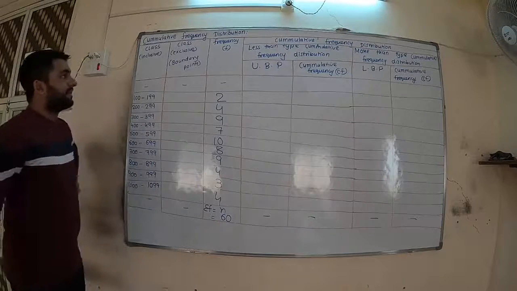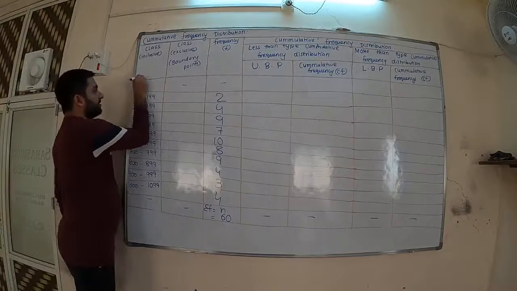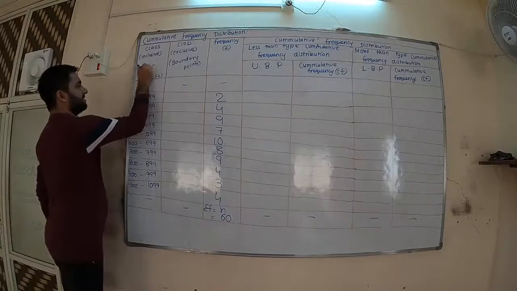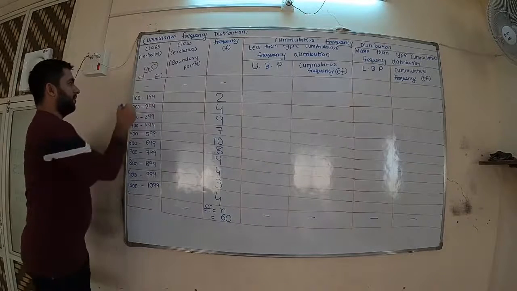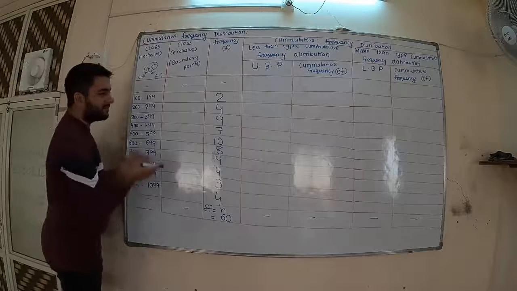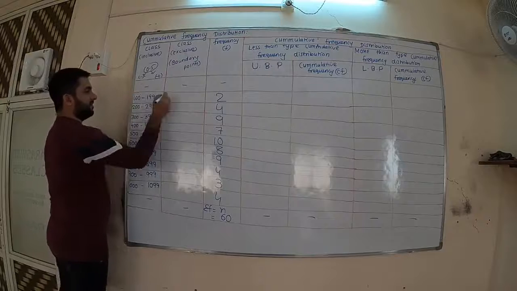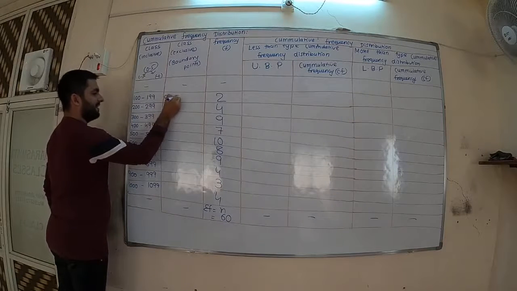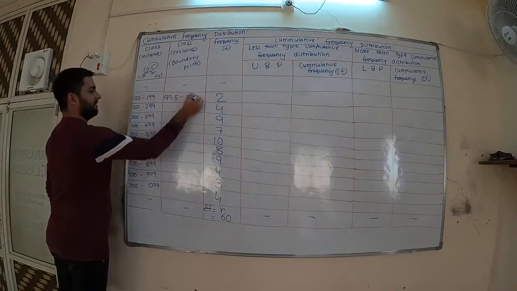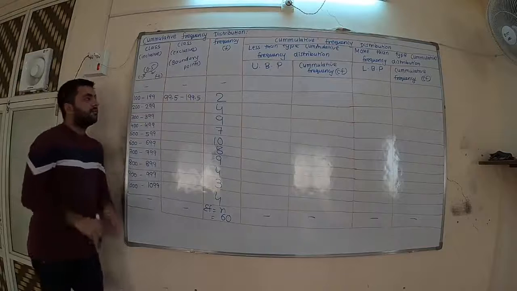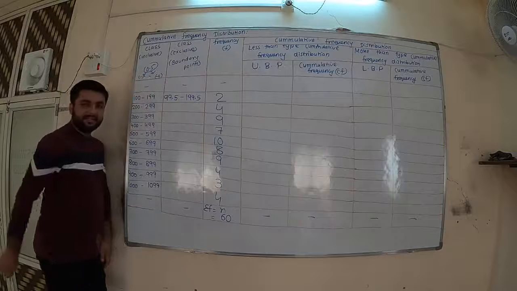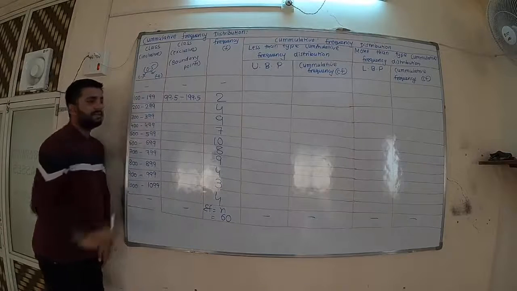Okay friends, what I said: from the lower boundary point subtract and from the upper boundary point add 0.5. 100 minus 0.5 is 99.5, to 199.5, because in the upper limit we need to add and in the lower limit we need to subtract. I hope everyone is understanding. 100 minus 0.5 is 99.5, 100 plus 0.5 is 199.5.